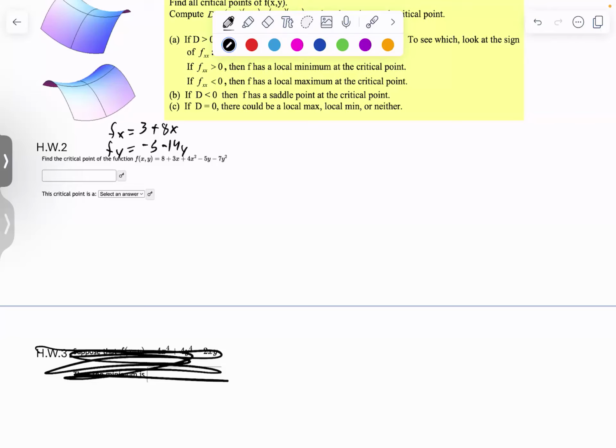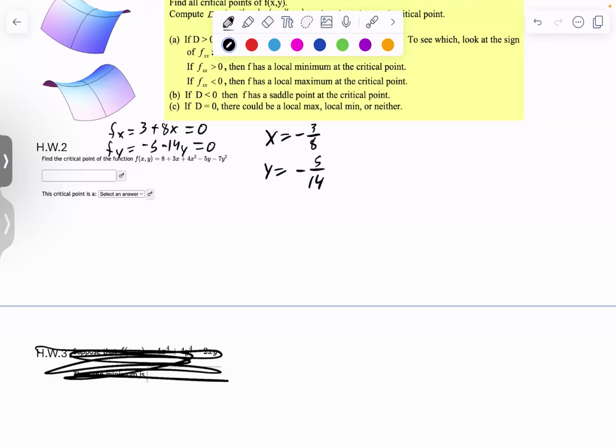What we're going to do with this is set each of these equal to 0 and solve each one. So this implies that x is going to be negative 3/8 and y is going to be negative 5 over 14. And that is our critical point.